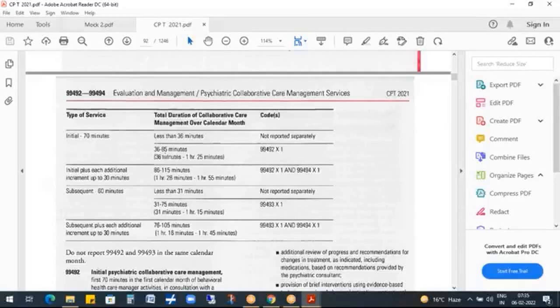What is the range? 85 minutes, right? 85 minutes comes under 36 to 85 minutes. What is the code? Only 99492. 99492 and 99494 are for the range from 86 to 115 minutes. But what is the time provided in the question? 85 minutes, right? Okay, then only 99492.